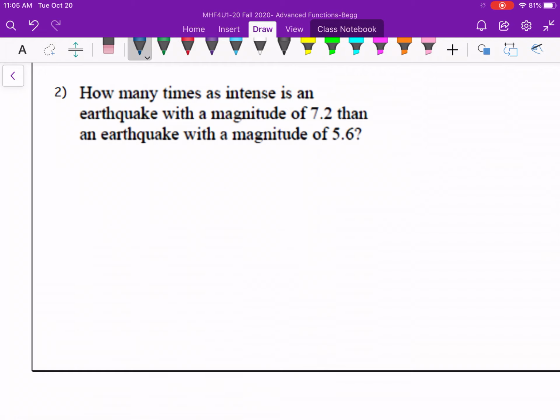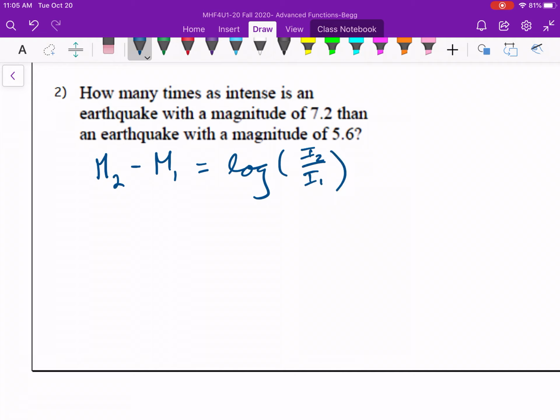And finally, how many times as intense is an earthquake with a magnitude of 7.2 than an earthquake with a magnitude of 5.6? Well, we've seen this kind of thing before. We use the letters M for magnitude, so M2 minus M1 equals log of I2 over I1.